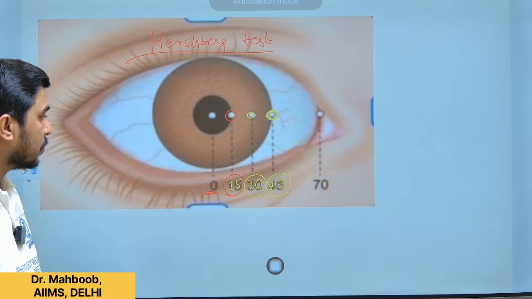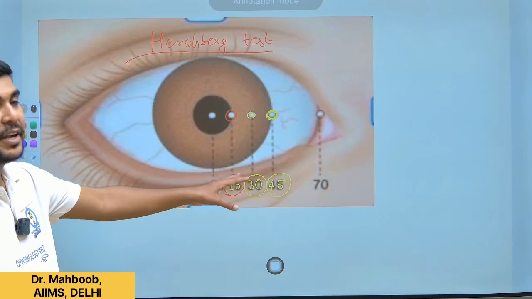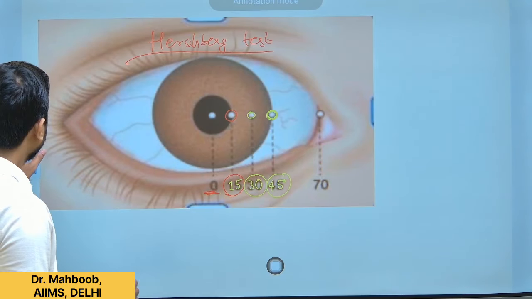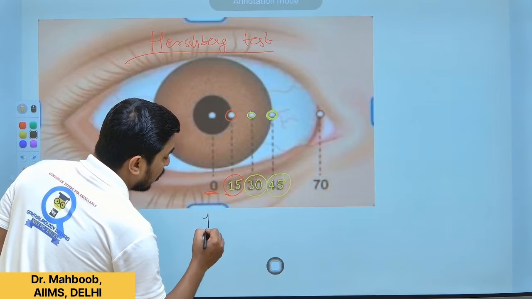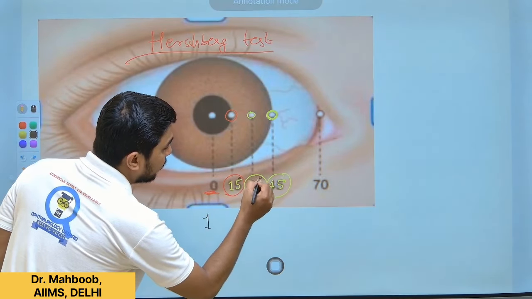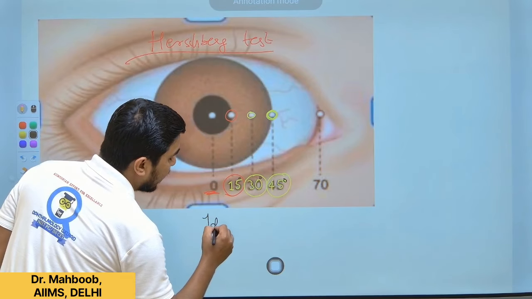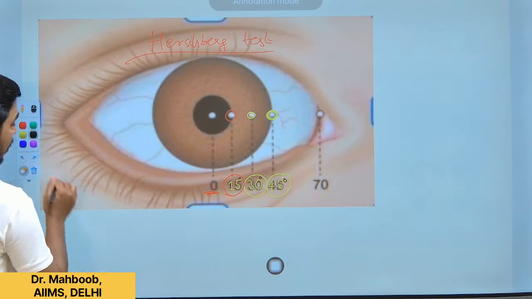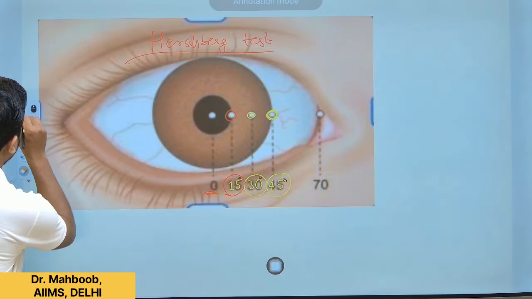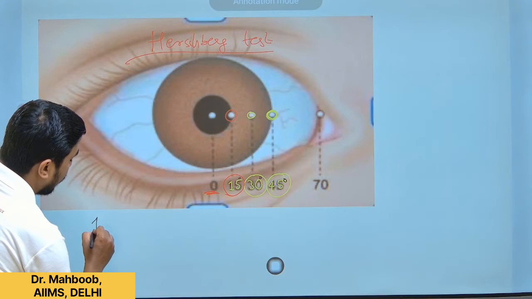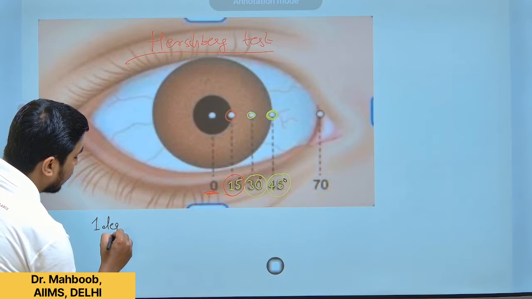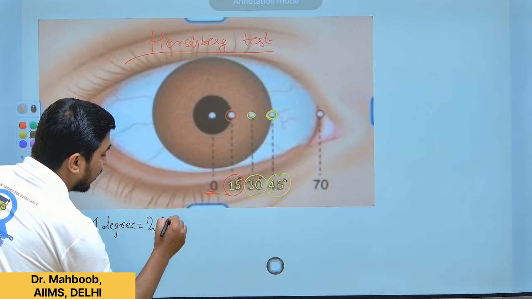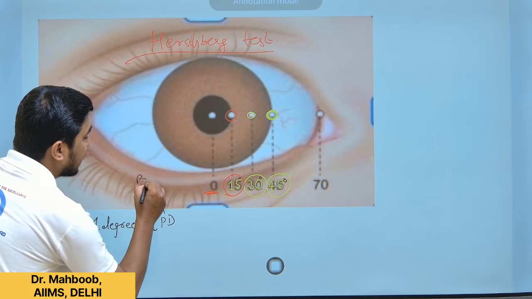Understood? So basically, different light positions are there. You know, 1 degree is equal to 2 prism diopter. PD means prism diopter.